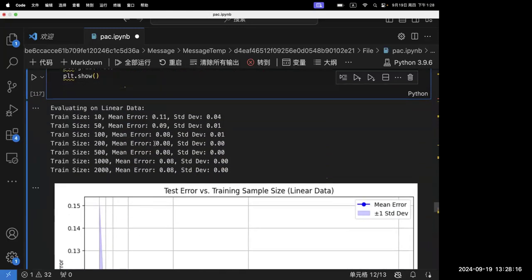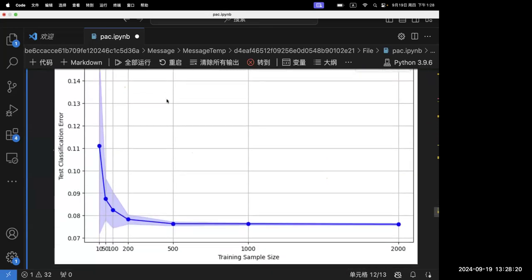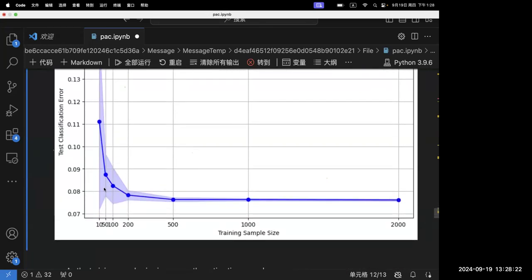We can visualize the test error for different numbers of training data in this figure. It's very clear that, as we imagined, as the number of data points increases, the test error asymptotically decreases as well.